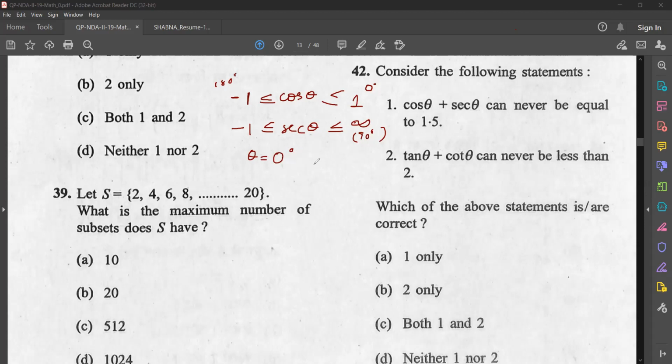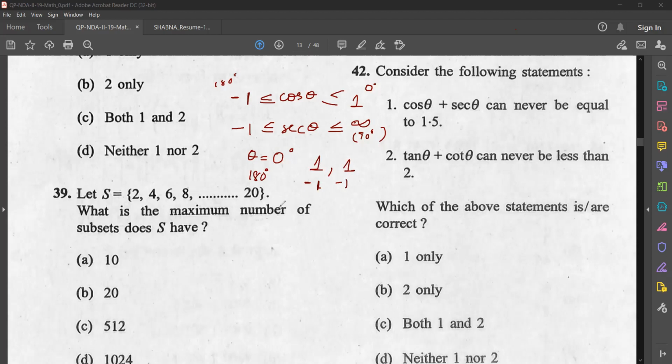For 0 degree, cos theta is 1, sec theta is also 1. What about 180? In the case of 180 degree, cos theta is -1, sec theta is also -1.